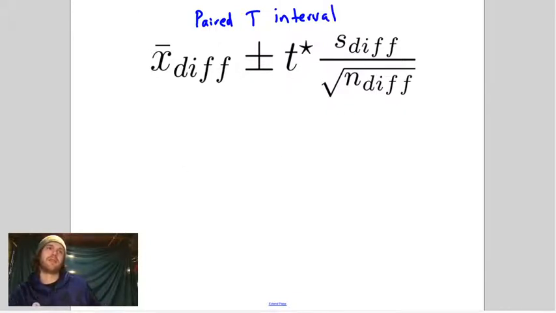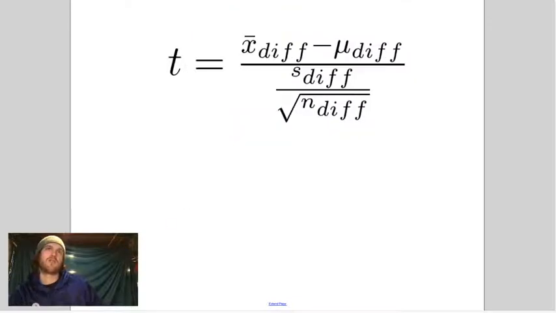That would be the method of inference that you'd be using. Our degrees of freedom is equal to n sub diff minus 1. This is the standard deviation of all of the differences, and that's the only other thing I didn't introduce. So there's our confidence interval.